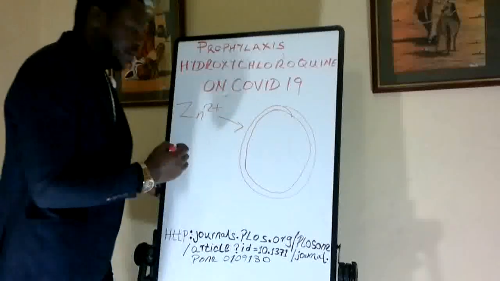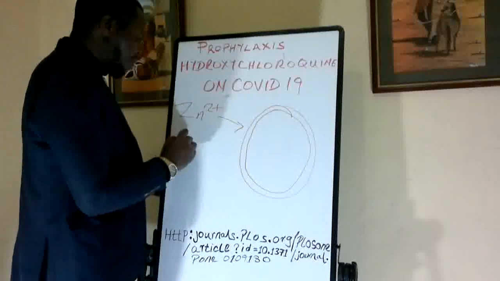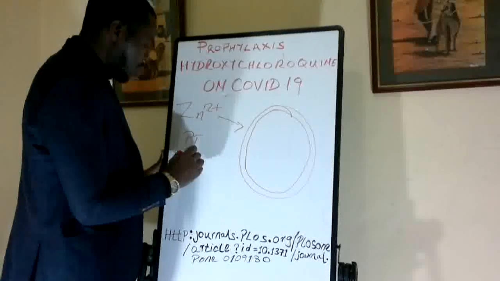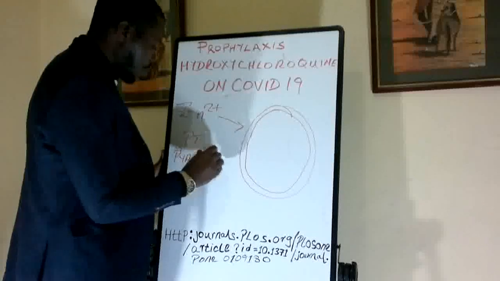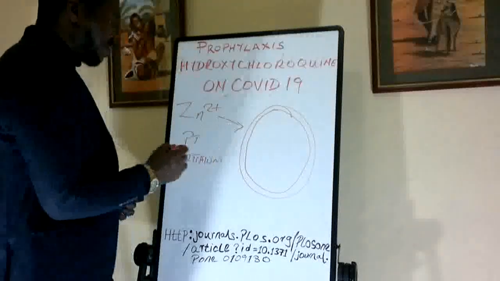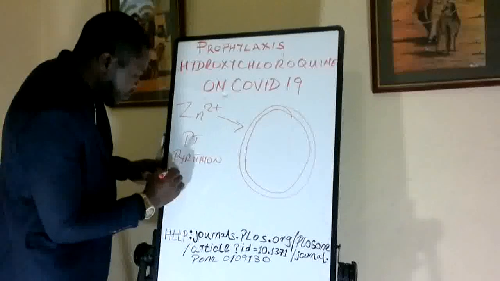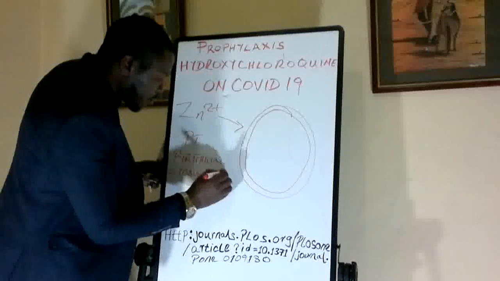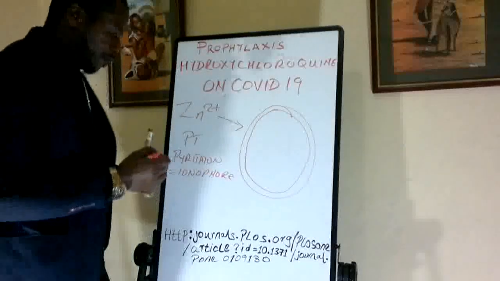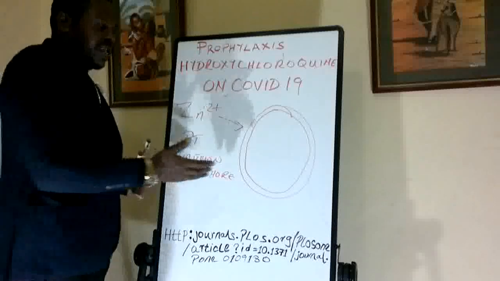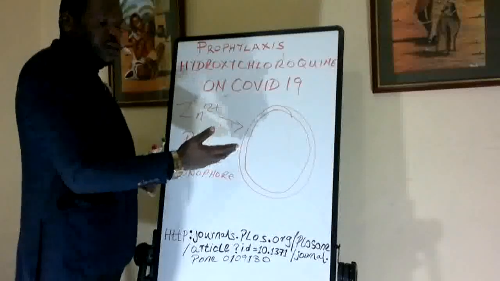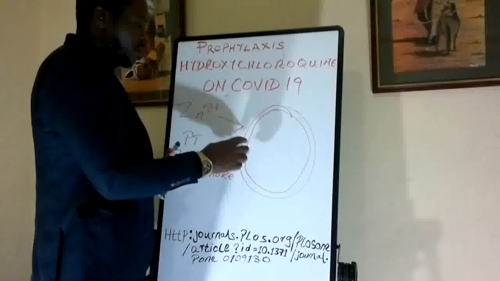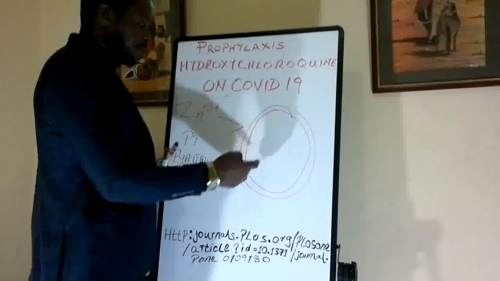So they added a molecule called PT, and PT is an ionophore. What is an ionophore? Ionophore is like a means of transport through the cell membrane for zinc to get through to the cell.